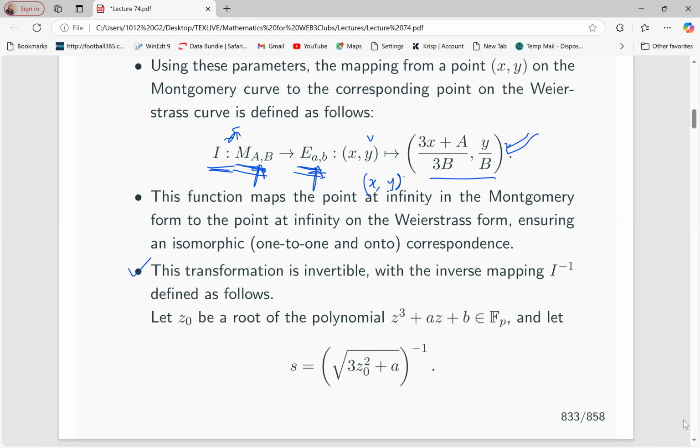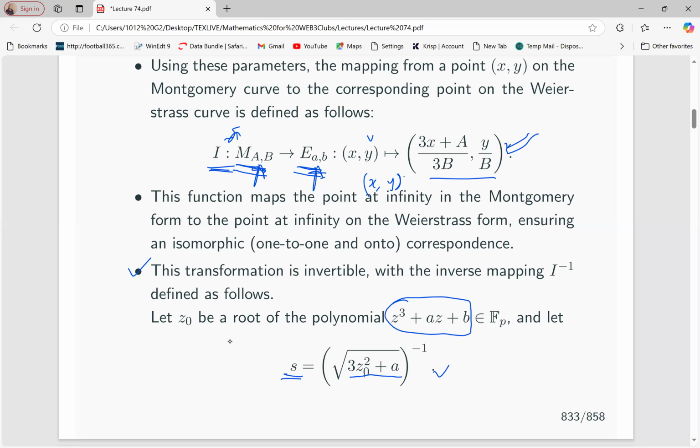But before we get the inverse, we have to remember what we called the scaling factor last time. We do it the same way we did last time. First of all, we get this 3 times Z naught squared plus A, where Z naught is the solution to this equation if you equate it to 0.